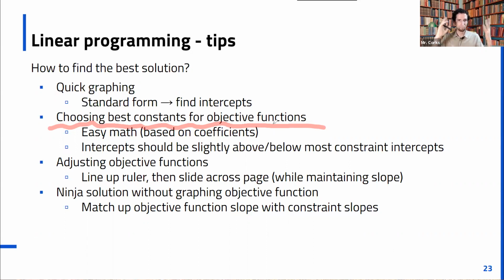You don't need to make the math harder for yourself. Choose an easy number. Multiply probably the easiest way. Take the two coefficients, multiply them together, and then the intercepts kind of almost directly come from that. Whatever, multiply them together, make that your constant.